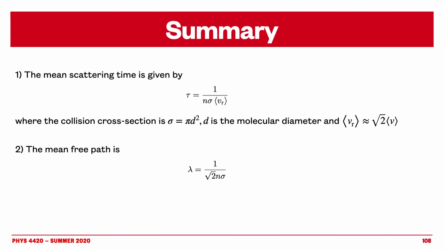But we can also apply this understanding to calculate the collisions, because collisions are the main mechanism for gas molecules to know that there are other gas molecules around. So we found the mean scattering time, which is the average time between two collisions, and then we also calculated the mean free path.